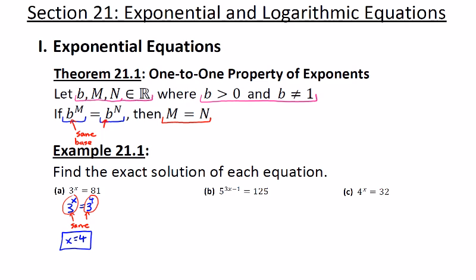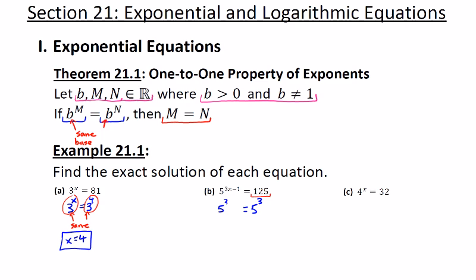So let's see this again with part B. I have 5 raised to the 3x minus 1. That is an exponential statement. But on the right-hand side, I have 125, which is not an exponential statement. It's just an integer. It's a whole number. But it is possible to write 125 as 5 to the third power.